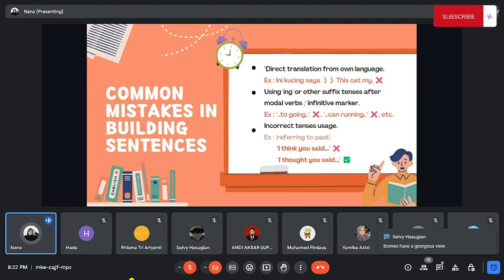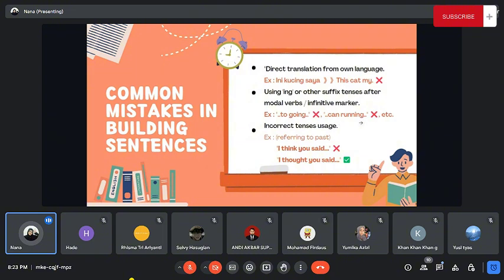That is wrong, because to is the infinitive marker and you cannot add -ing to the verb. You have to say, I have to go to the store. Do not add -ing. Another one is with the modal verb can. I can running fast is wrong. The correct one would be I can run fast or I can run quickly.